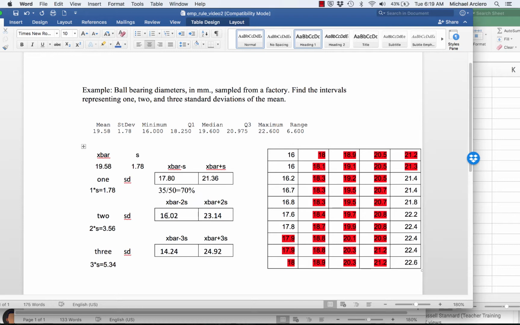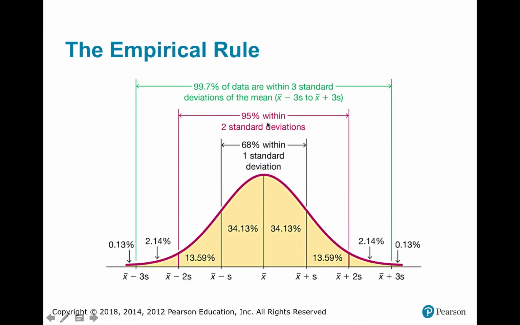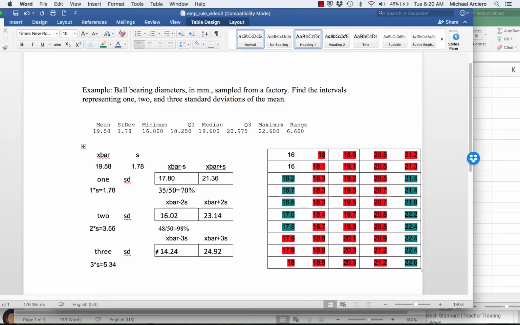What about 2 standard deviations? We're going to pick up these values here, and we get 48 out of 50, or 98%. Does that agree with our empirical rule? The empirical rule says about 95%, so 98% approximately agrees.